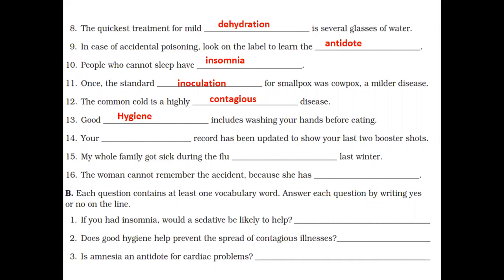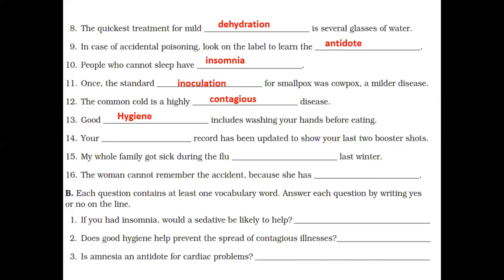Number 14 says your dash record has been updated to show your last two booster shots. Now, here, booster shots mean vaccination. So, your dash record has been updated so that we know when you were given. No, not antidote, we have done it. Antidote is number 9, Mice. It is the opposite of poison, the cure of poison.